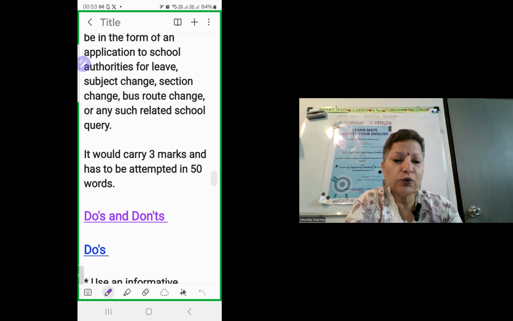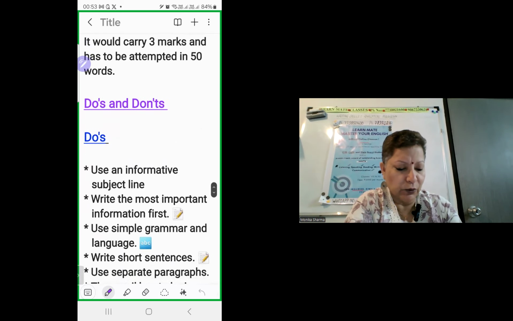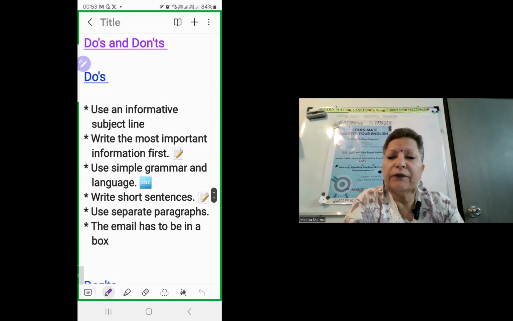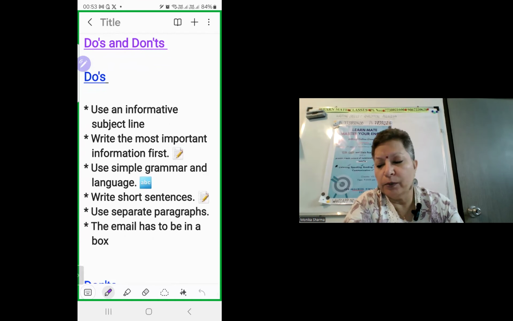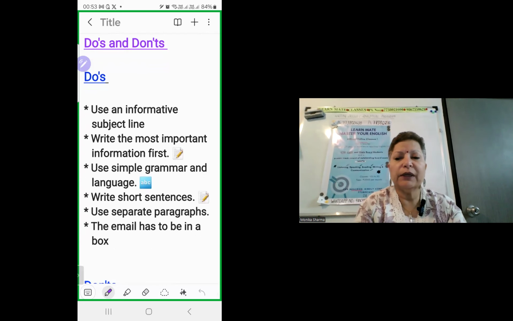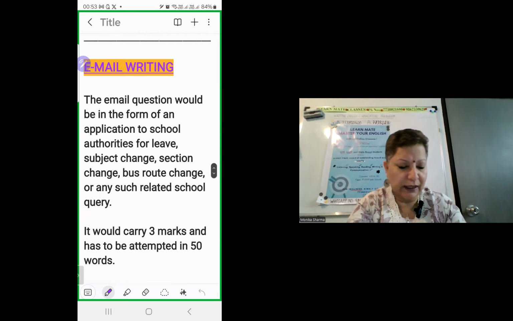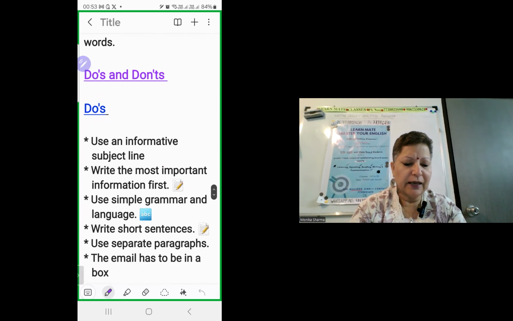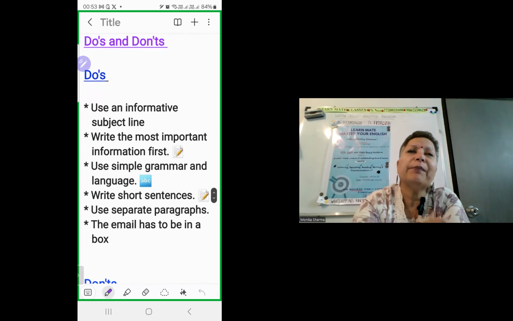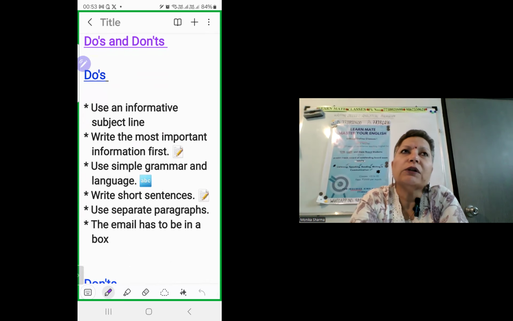So, let's just have a look at the do's first before we move on to the don'ts. Use an informative subject line. As with all formal communication, even your email has to have a subject line. So, just as in the example that I was describing to you, you have to be writing application for leave on so and so date. That's it.